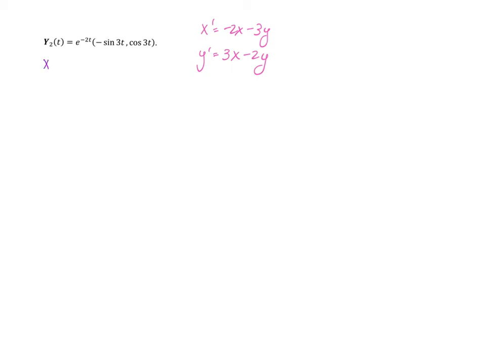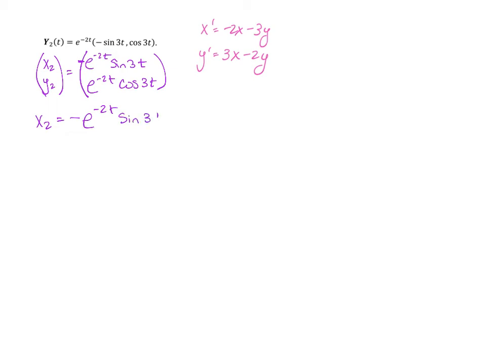So this is x2, y2, and it equals two entries. The first entry is e to the negative 2t times negative sine 3t, and the second entry is e to the negative 2t cosine 3t. So x2 is negative e to the negative 2t sine 3t.